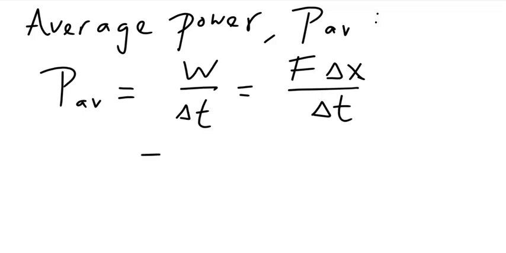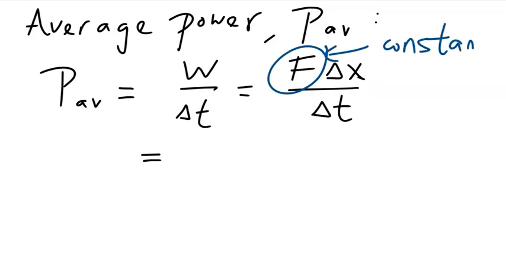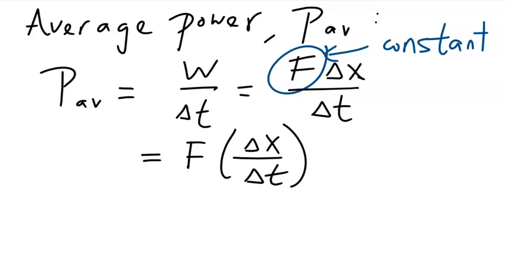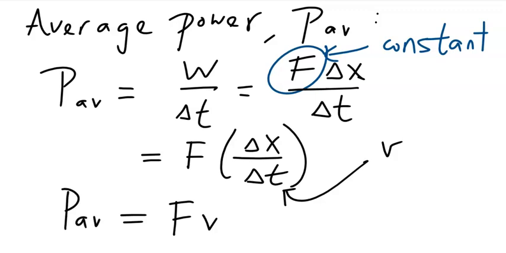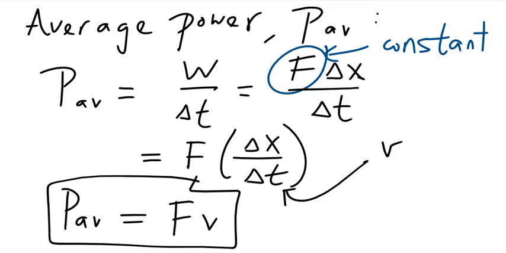Now, assume that the force is a constant force. So if you take that out, the ratio will simply become delta x over delta t. And from our previous videos, we know that this corresponds to speed. So your final answer is average power can be computed as force times speed. So this is an alternative form depending on what information you are given in a particular problem.